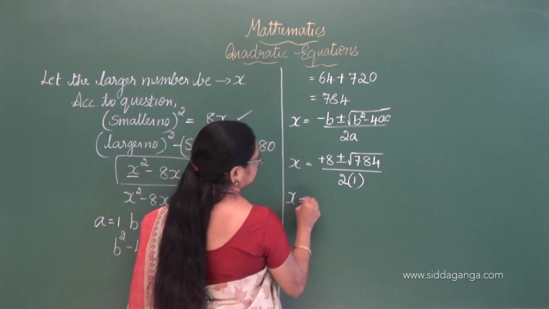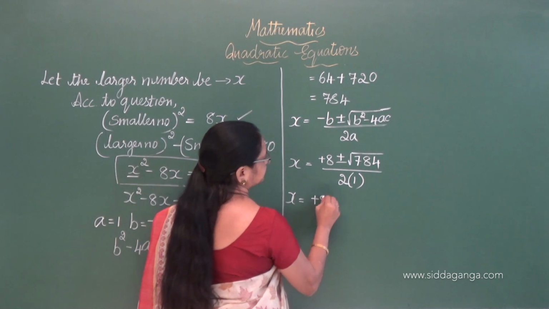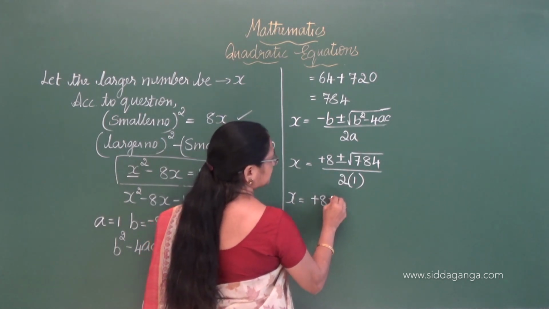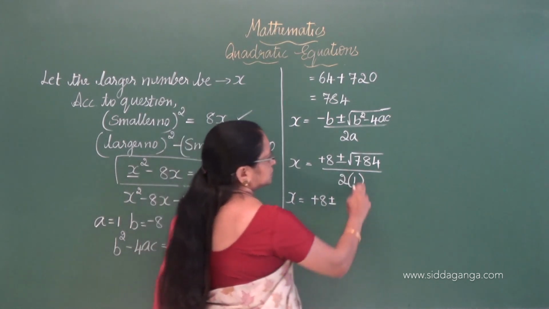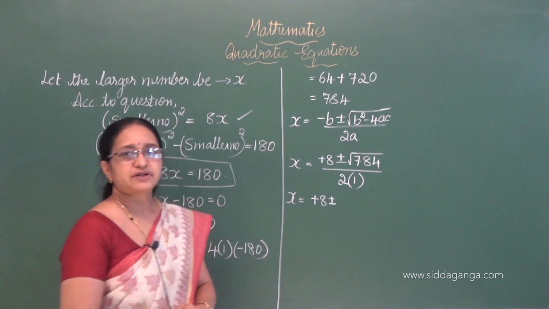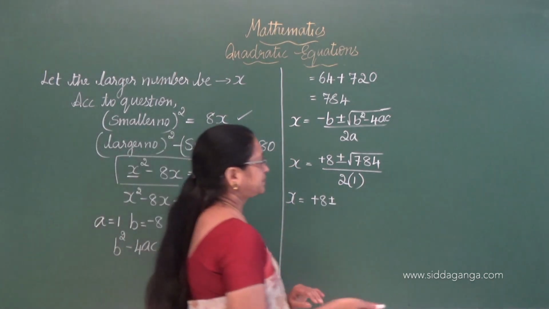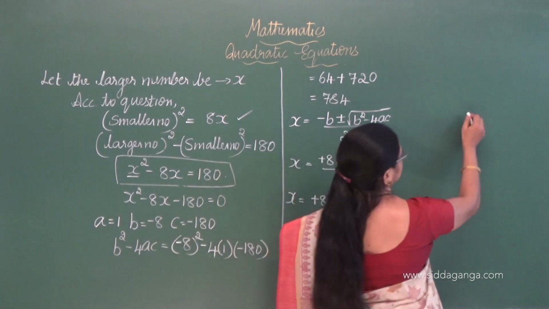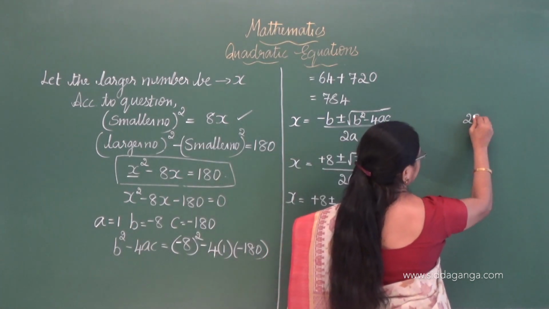Now, x is equal to plus 8, plus or minus square root of 784. I hope you know the square root of 784 is 28.